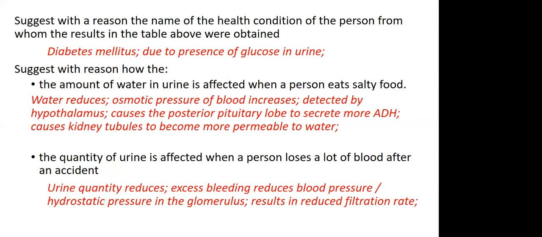And when we have a lower filtration rate, it means less urine is going to be formed. So this filtration rate and hydrostatic pressure is what we have been missing out in the answer.